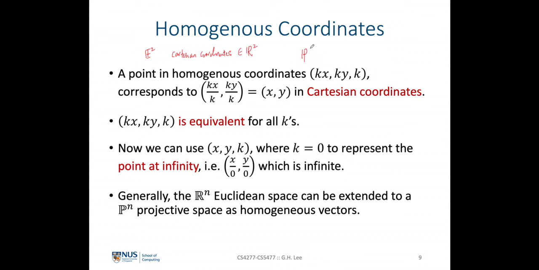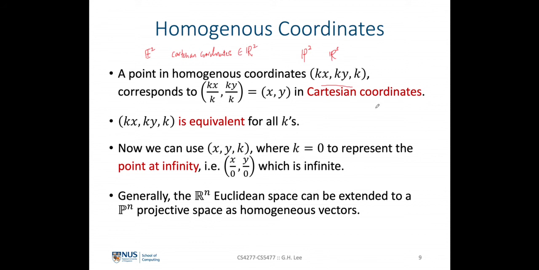If we are talking about the 2D projective space, then this would be represented by a set of homogeneous coordinates, which are a set of three numbers. They are also real numbers, but in this case in the R3 space, where we have three numbers.